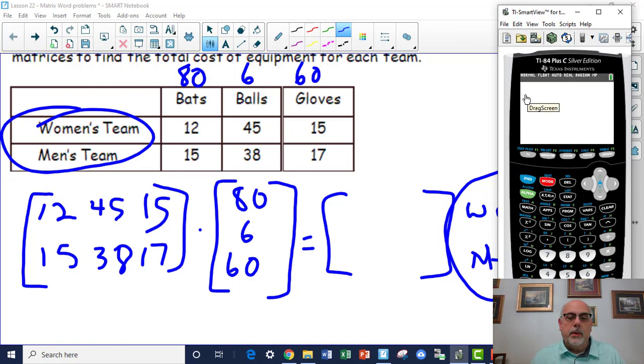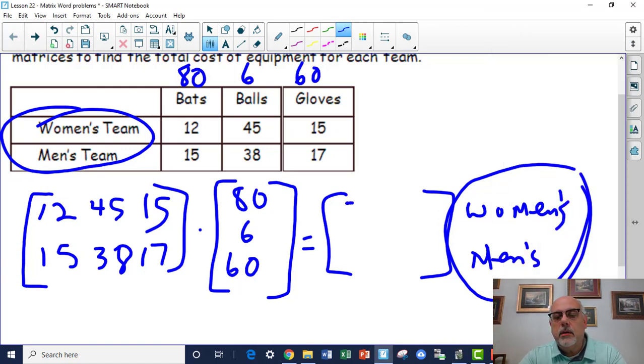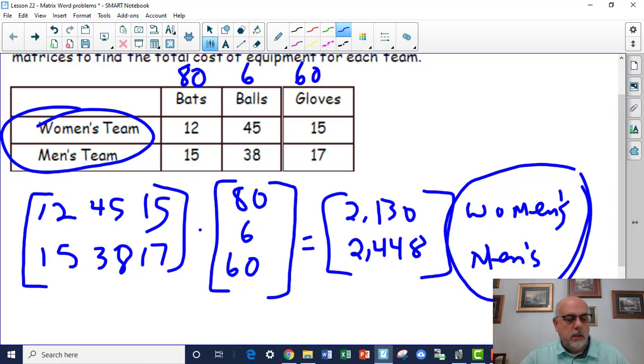So now we can take matrix A times matrix B, and we find out the total cost for the women is $2,130, and the total cost for the men is $2,448.